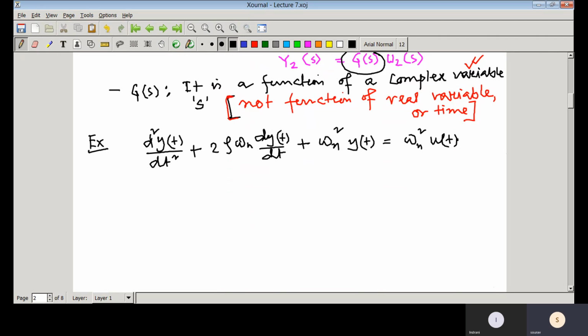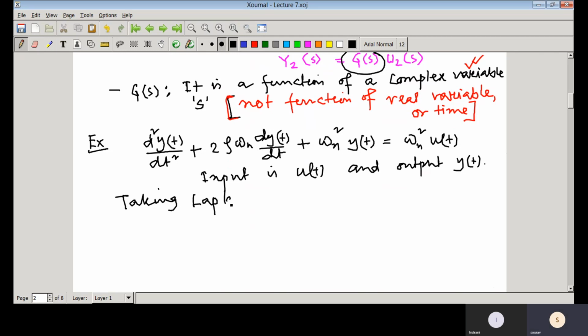But before that, let us define what is u(t) and what is y(t). So input is u(t) and output is y(t).